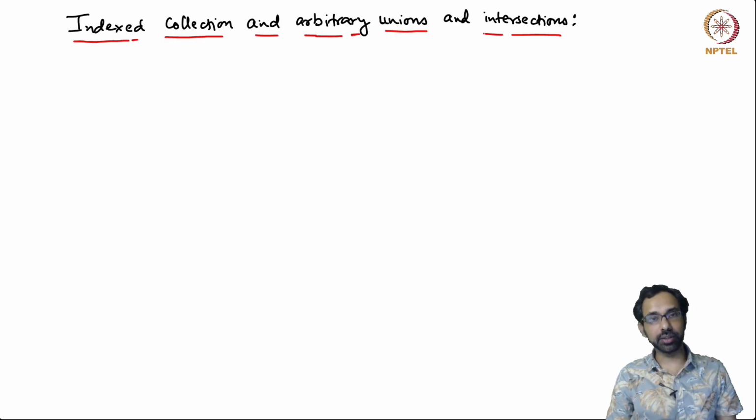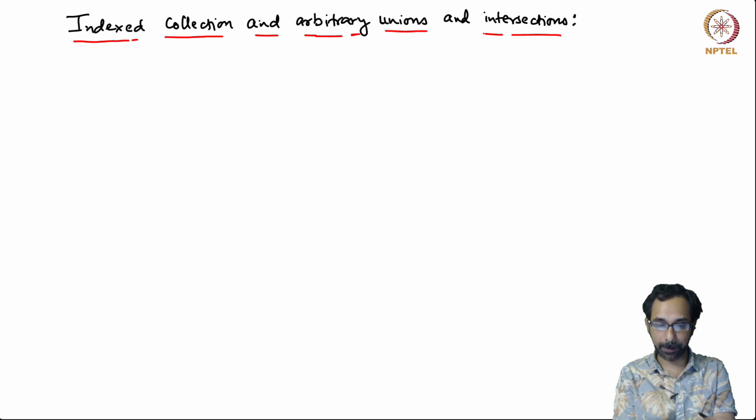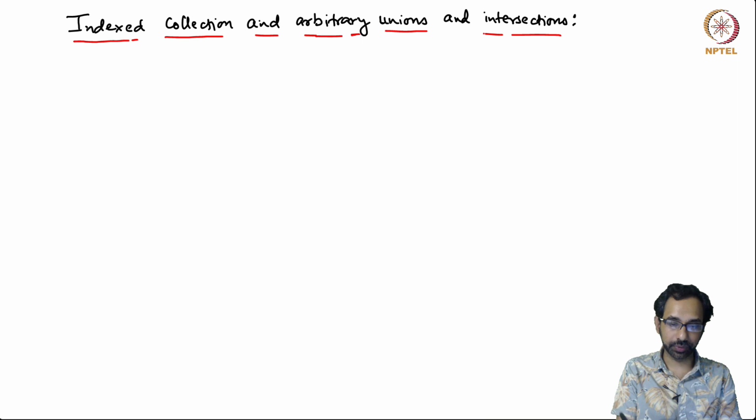Now once you have functions, there is a very nice construction called the indexed collection, and indexed or arbitrary unions and intersections of indexed collections. So this is in terms of functions.